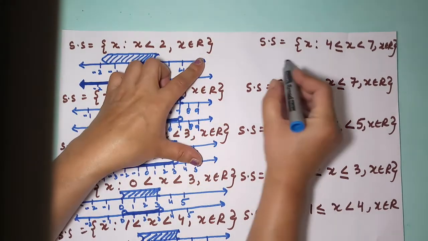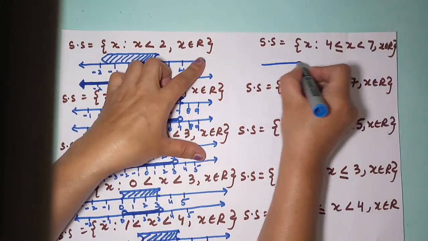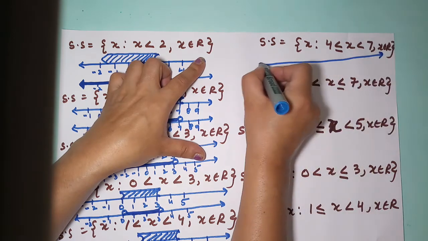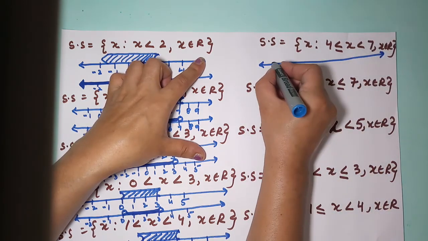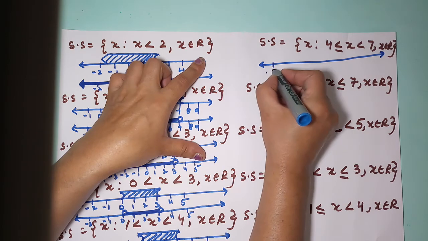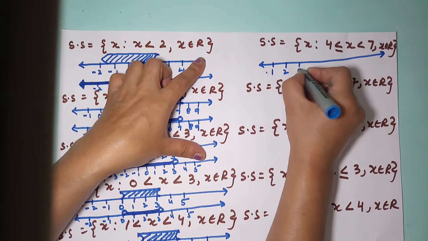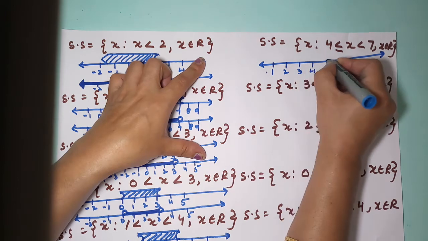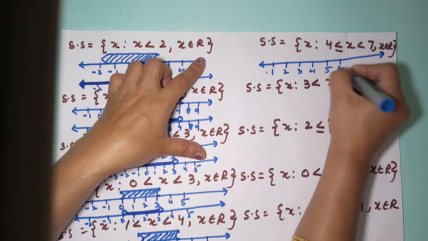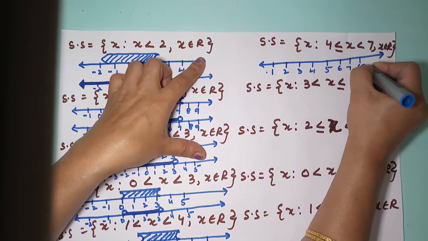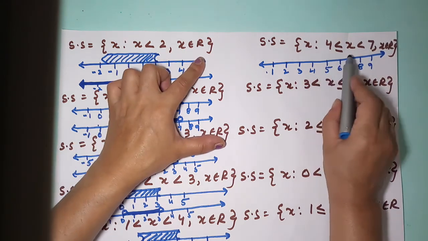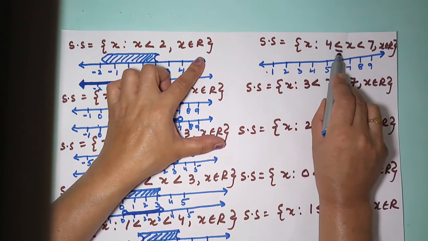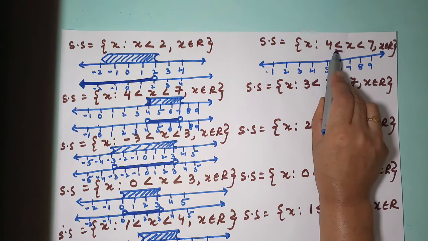Similarly, this part, draw a line, arrows on both sides of this line, then 1, 2, 3, 4, 5, 6, 7, 8 and 9. Now in this case, you see that you have an equality sign here.